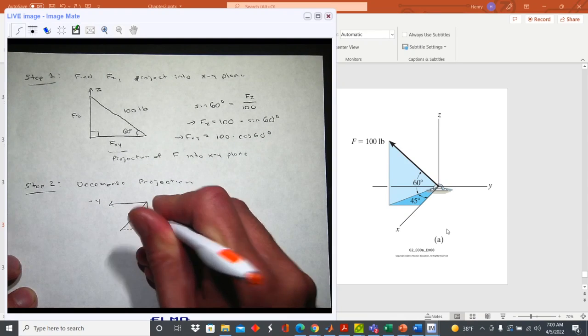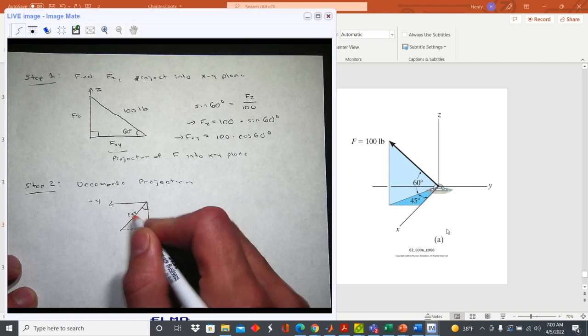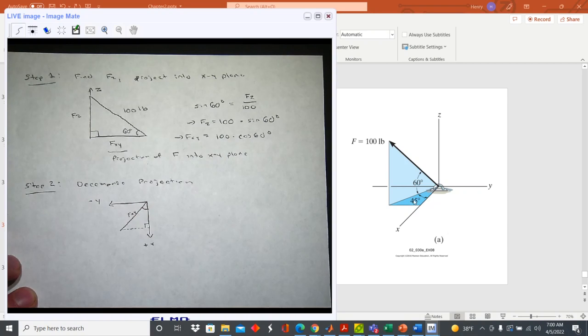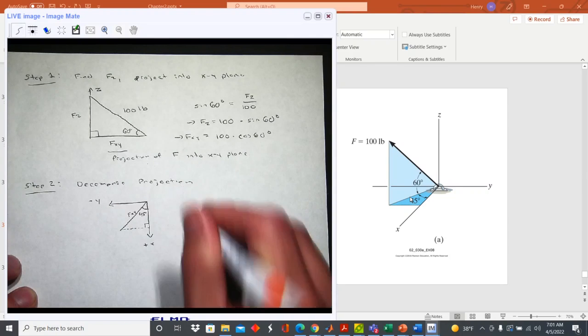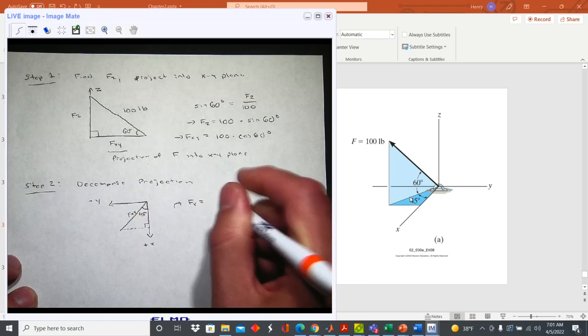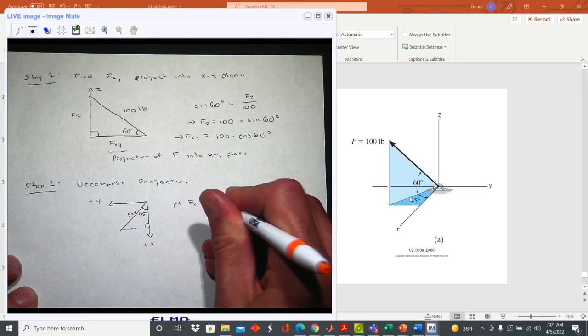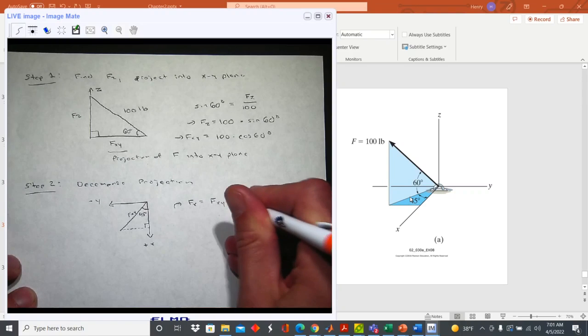I was given this measure, the angular displacement from positive x to the projection, of 45 degrees. And what that means is that I can get fx directly. Notice it is adjacent to the 45-degree angle, so it would just be whatever value the projection fxy was times cos of 45.